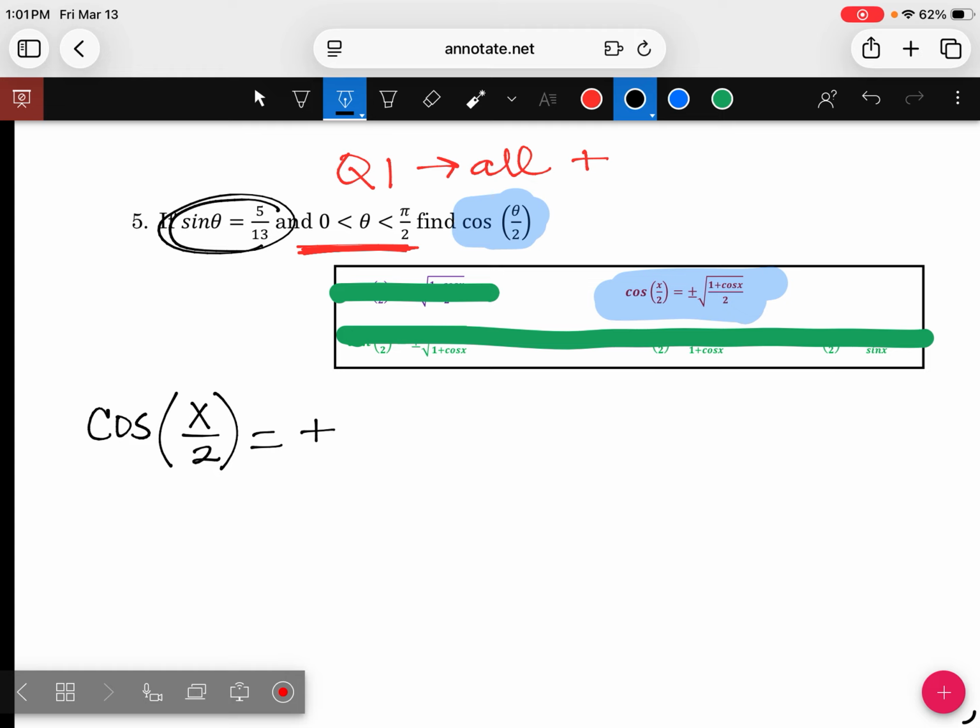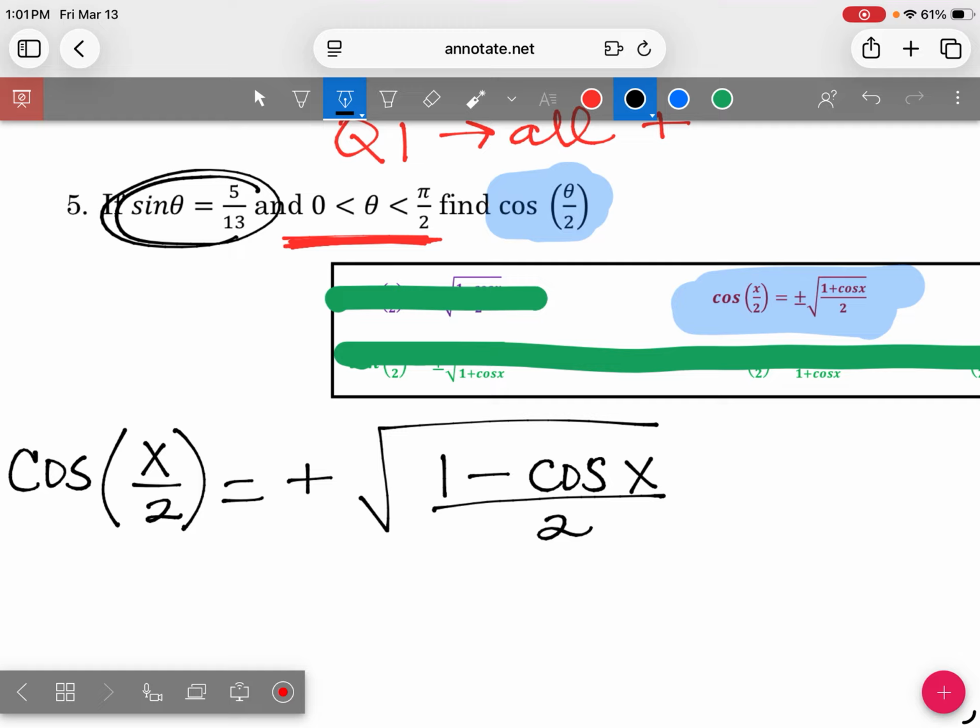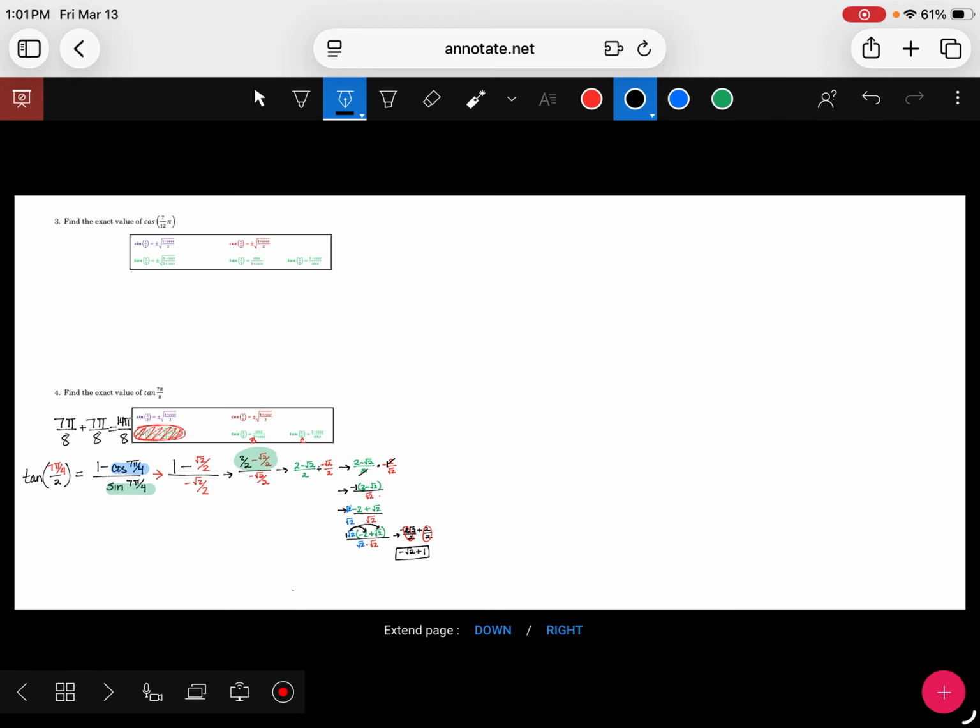So I'm going to put a plus sign because you have to determine if it's positive or negative. Quadrant 1 is positive, so I'm going to put a plus. And then I have the square root of 1 minus cosine x divided by 2.